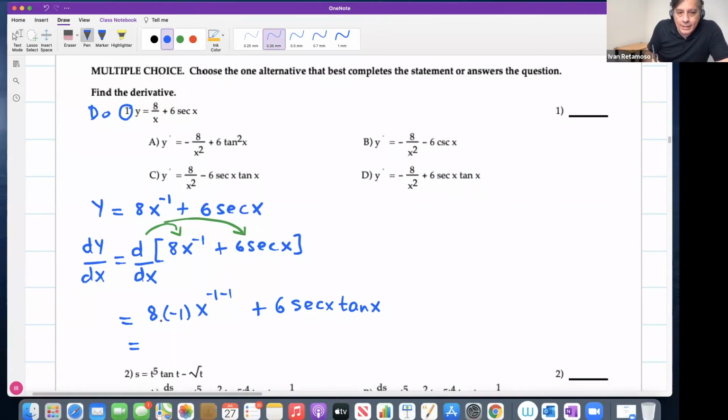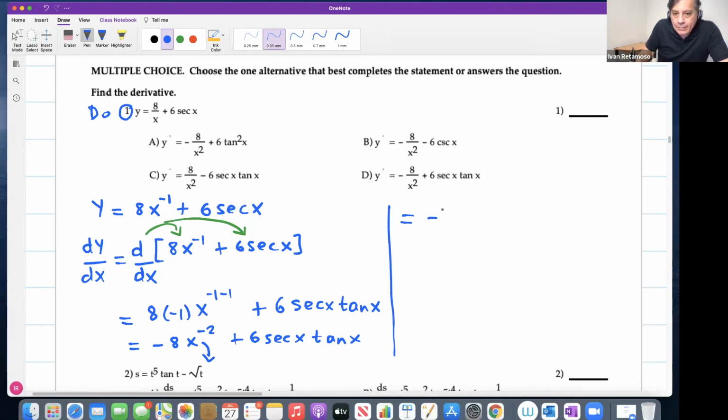Now there's this issue. When you simplify, negative 8x raised to minus 2 plus 6 secant of x multiplied by tangent of x. I don't see this here. Remember, mathematicians don't like to see negative exponents as part of final answers. So the way you deal with that is to put this down here as 1 over x squared.